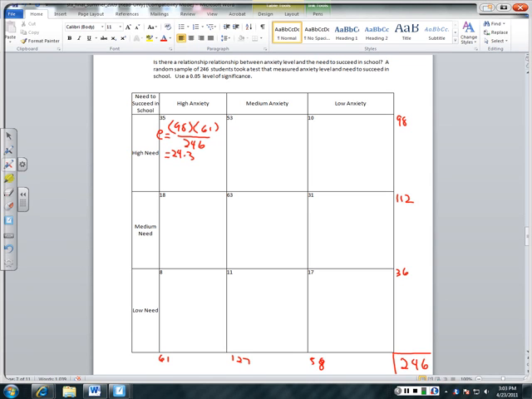And let me give you one more. I'm going to give you all the expected values, but let me do one more where I calculate that all the way out like this. The expected value here would be the row total, 112, times the column total of 58, divided by the overall total of 246.